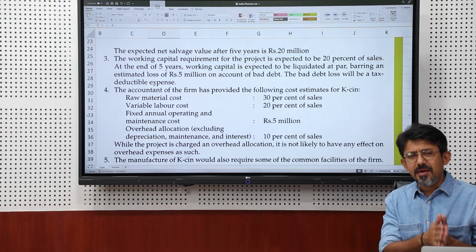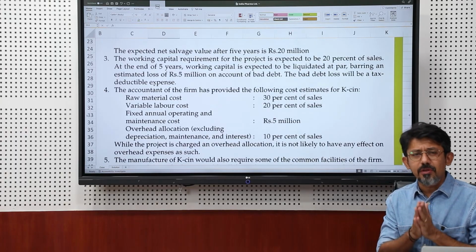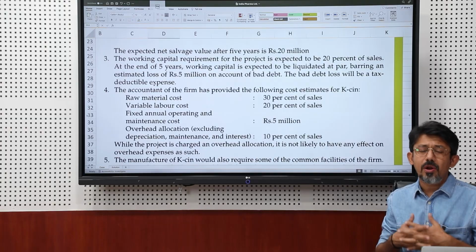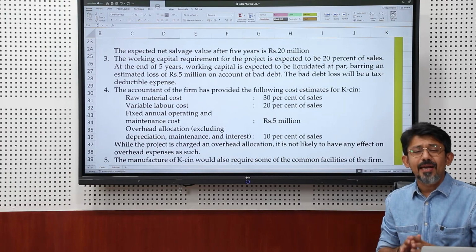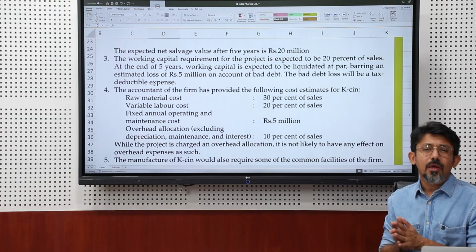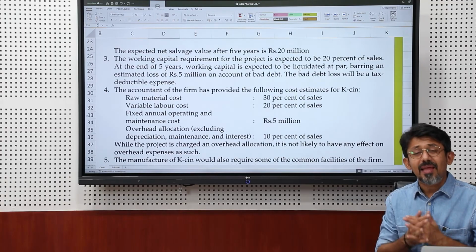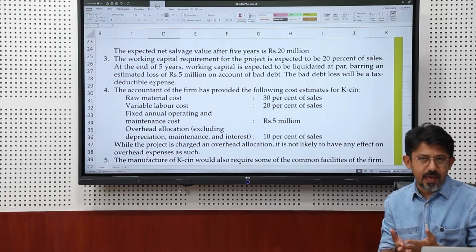So, a clear understanding for us is that whenever a new product is being launched, it will have an impact on your working capital, and that becomes a relevant cash flow to be considered.